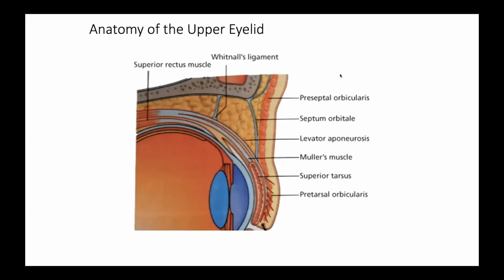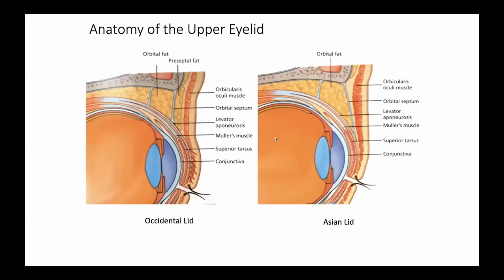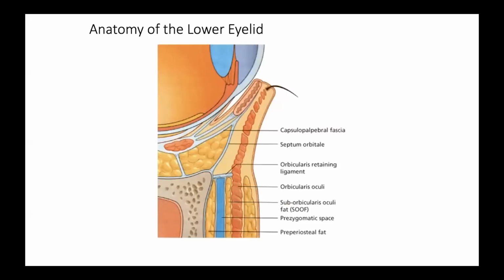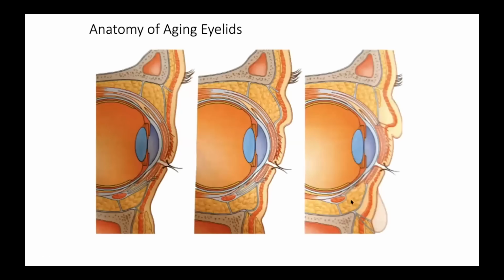And again, this is that anatomy which we discussed earlier. This is a little bit of highlight, which shows it a little better. Again, here's that lower lid septum. Here's the orbital fat. Here's that retaining ligament. Remember again, as we age, the orbital septum starts to thin out and the fat moves forward.